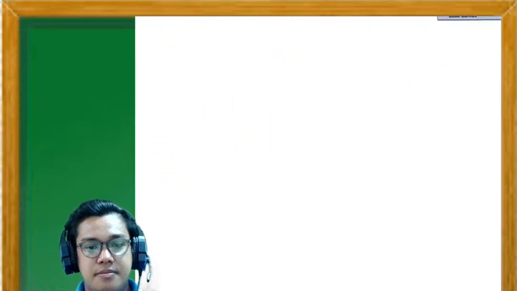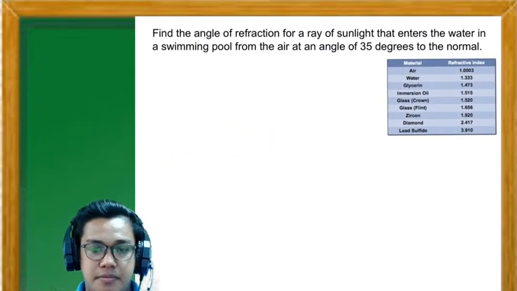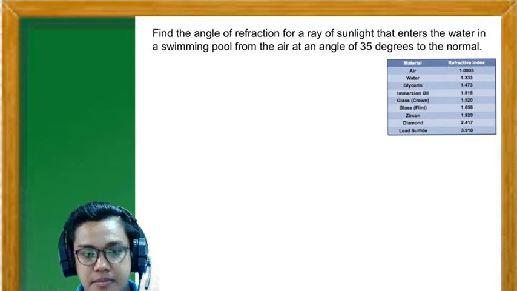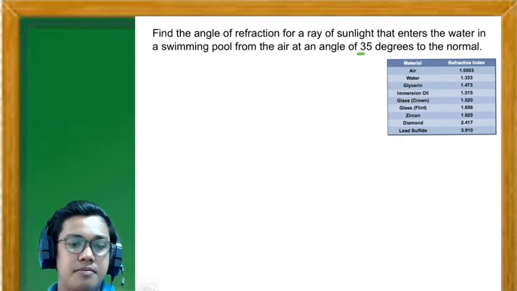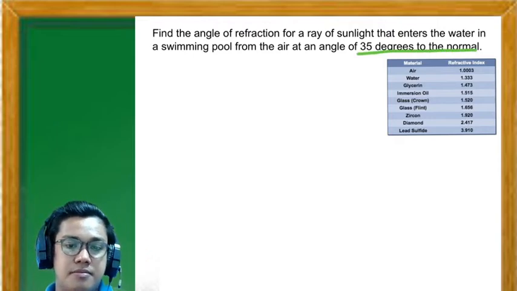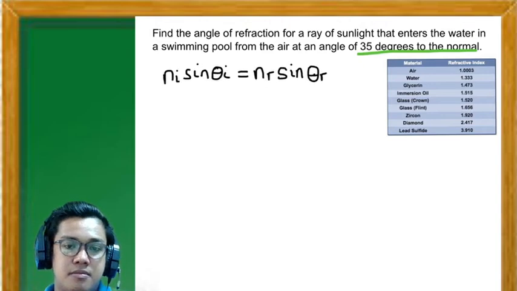Let's try using Snell's law to solve a problem. So this says, find the angle of refraction for a ray of sunlight that enters water in a swimming pool from the air at an angle of 35 degrees to the normal. So here's our equation. This is Snell's law. And the information that we know is going to be the angle of incidence.